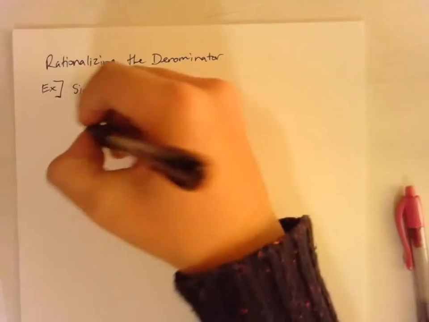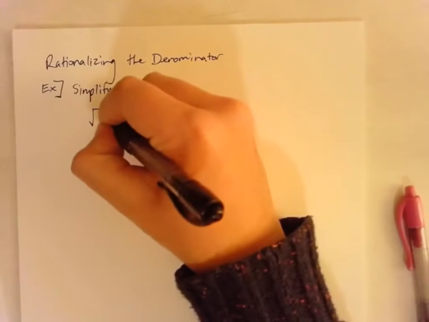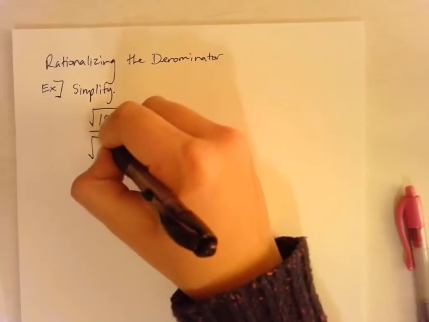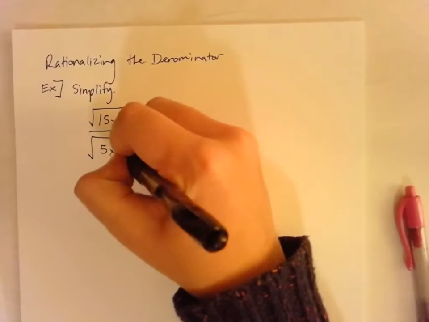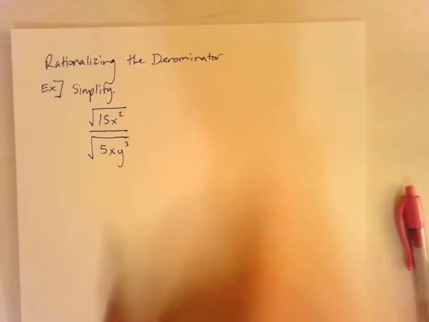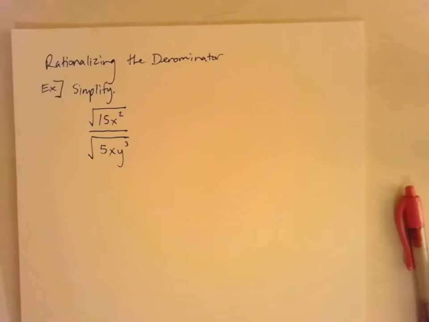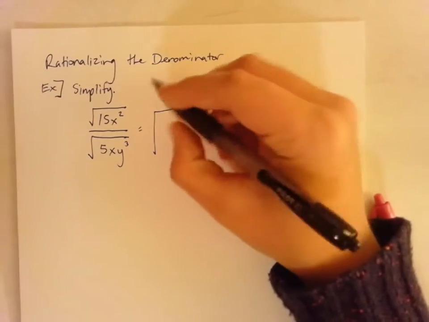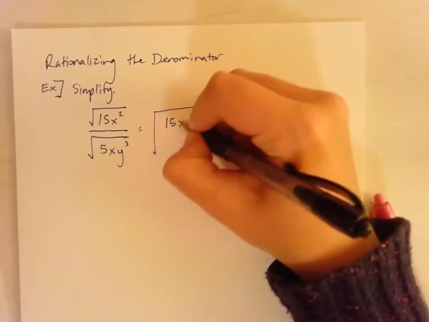We're given a radical 15x squared over a radical 5xy to the third. So, what's next here is what our second step was in the last two problems. When you have a radical over a radical, you should make one big radical and one fraction on the inside.